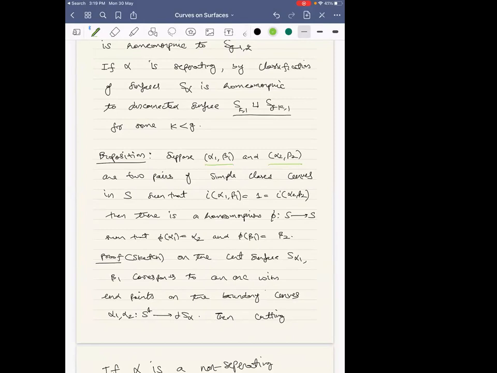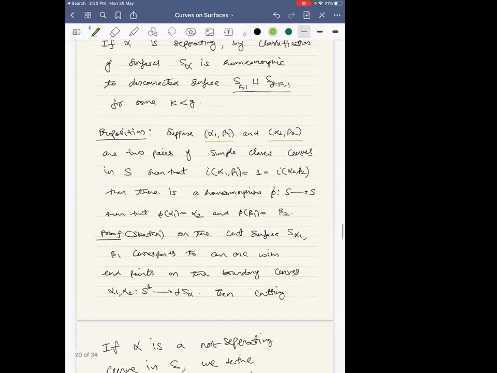Both pairs contain simple closed curves such that the geometric intersection number of alpha 1, beta 1 is 1, and so is alpha 2, beta 2. Once you have this data, there is a homeomorphism phi from S to S which takes alpha 1 to alpha 2 and beta 1 to beta 2.